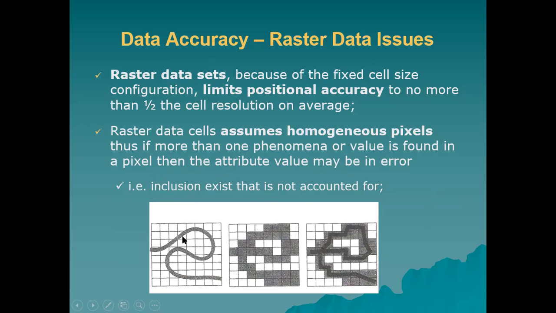All right. Remember what those cells look like. For example, you have the vector representation, which is nice, smooth, and clean. For example, imagine this is a river. The raster representation of that will look like this. So it's the same feature, but it looks like this. And notice how where you have nice clean lines, you have jagged lines here. So you can't really tell, for example, how wide this river is because entire cells have been assigned the value of the river.